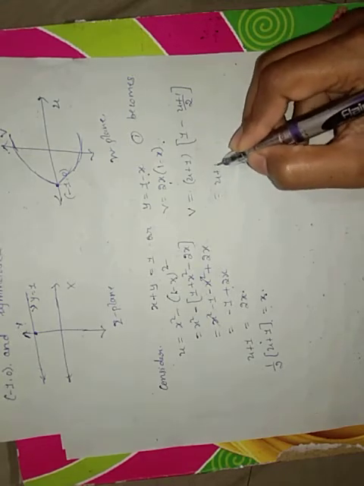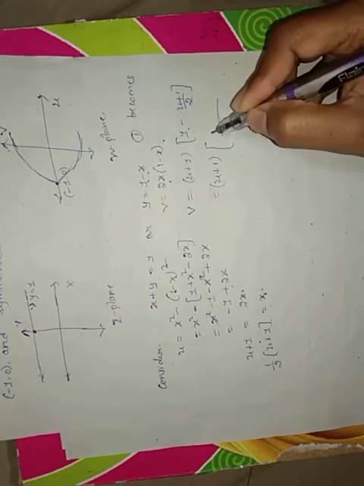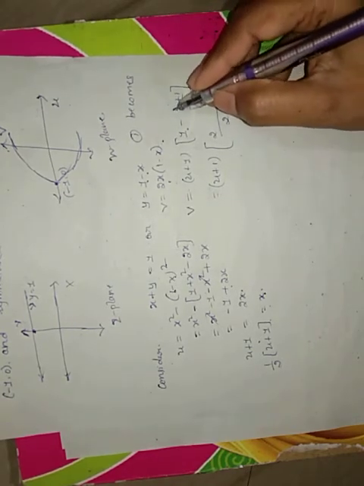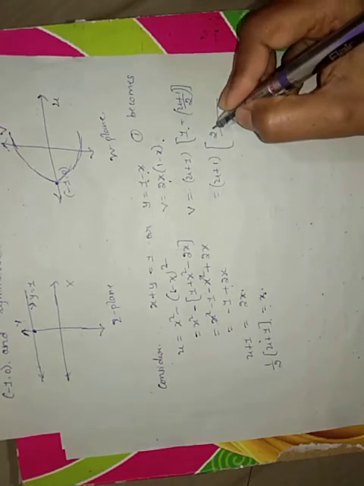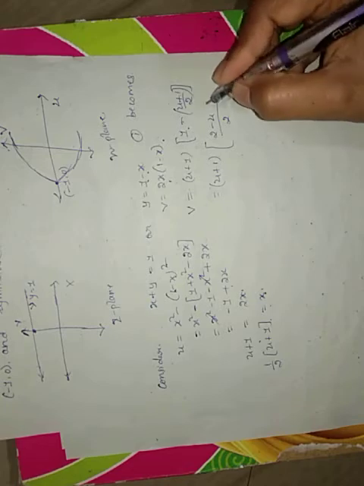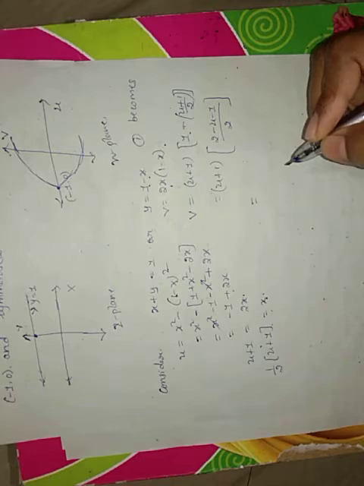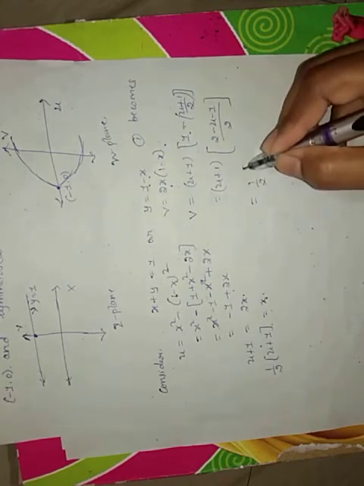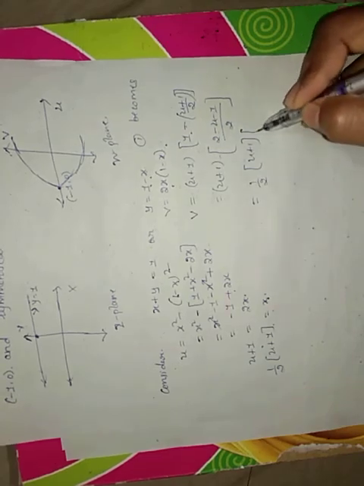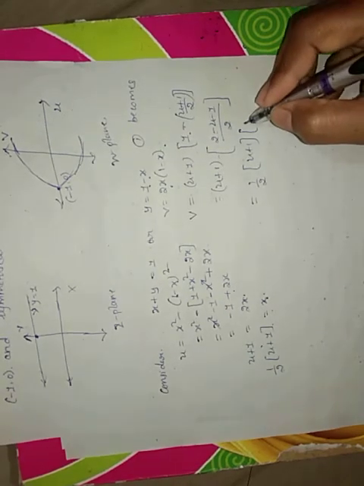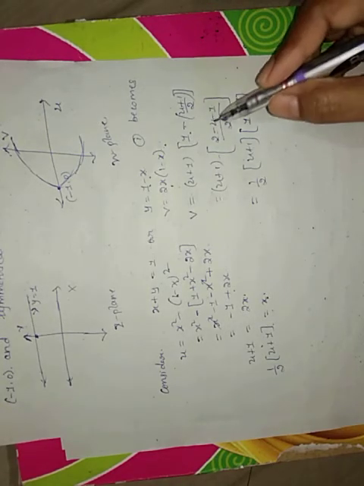Taking the LCM 2 and putting a bracket, because here it is a minus sign: minus u, minus 1. Now 1 by 2 is common, keep it as it is: 1 by 2 into (u plus 1), and solve the numerator, so that becomes 1 minus u, because 2 minus 1 is plus 1, minus u.